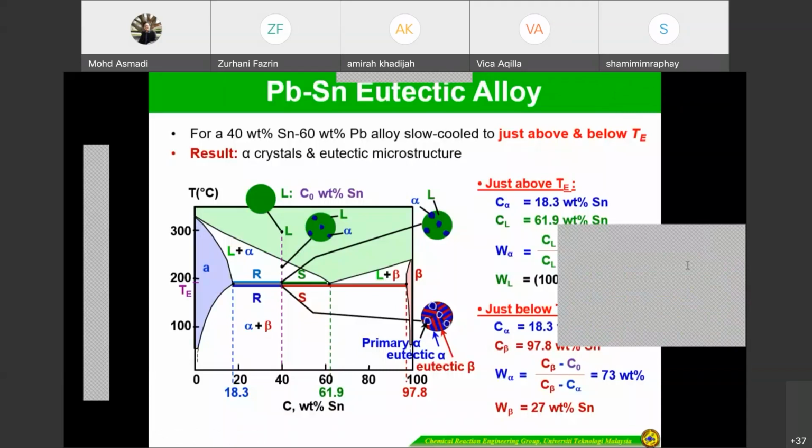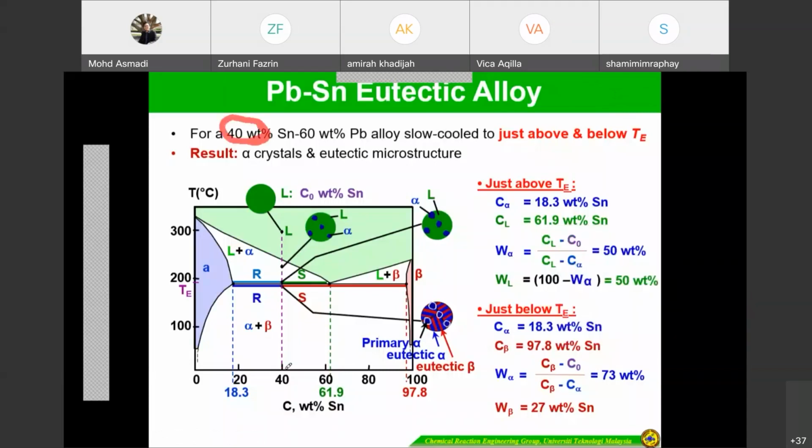Because we start with 40% of stannum, meaning that just above is between liquid and alpha. If you use the initial weight or composition of, for example, 80% of stannum, of course it is in the hypereutectic beta region.